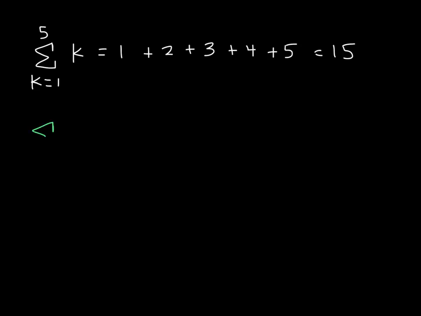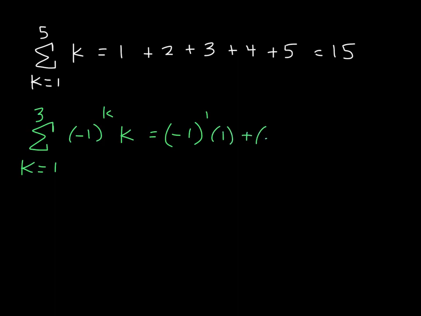The sum of -1 raised to the power of k times k as k goes from 1 to 3. Let's expand this. This would be equal to -1 to the first power times 1, plus -1 squared times 2, plus -1 cubed times 3.